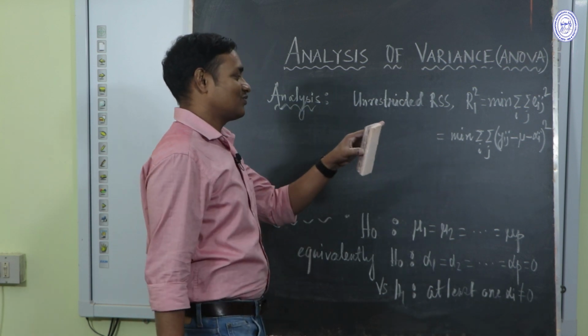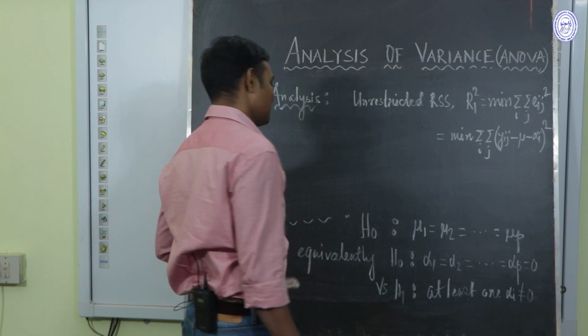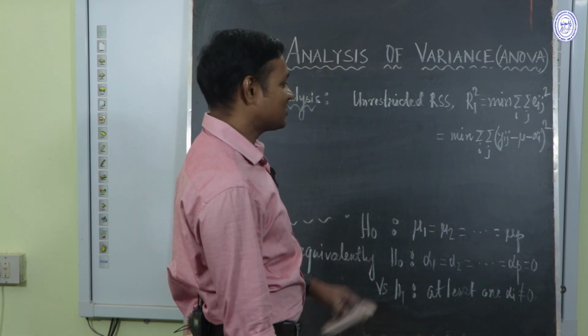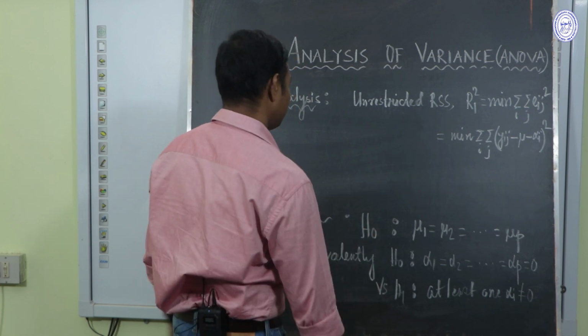Here we have to estimate the values of mu and alpha_i. So, we use the least square method to estimate the values of mu and alpha_i.